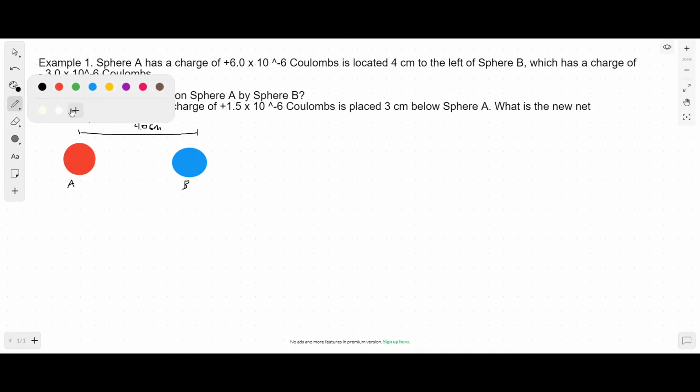Before I attempt that, I just want to label that this sphere A has a positive charge because of the positive 6.0. So I'm just going to put a big positive in it. And this one has a negative charge because it has negative 3.0 Coulomb. So I'm just going to put a big negative in there too. Now what we need to find is the force applied on sphere A by sphere B. Let's write out Coulomb's law.